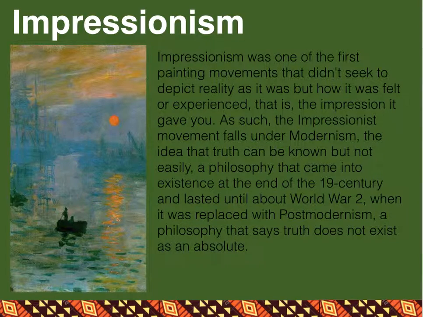After World War II, we kind of gave up on the idea that you could know truth. So we have something called postmodernism after World War II. And that's the idea that truth does not exist as an absolute. There are not things that are absolutely right and absolutely wrong to do.